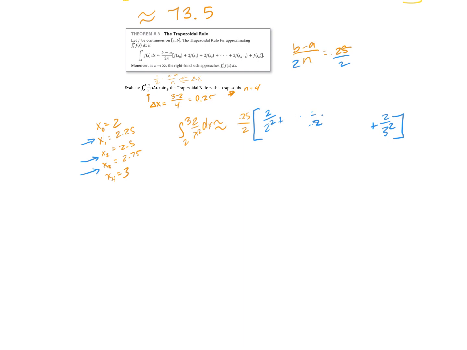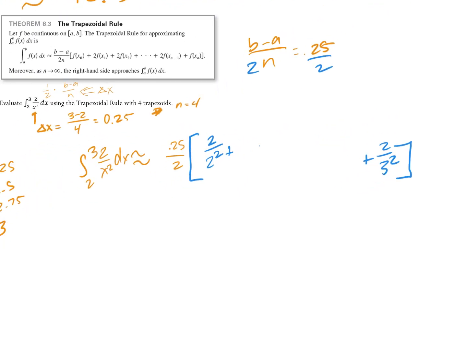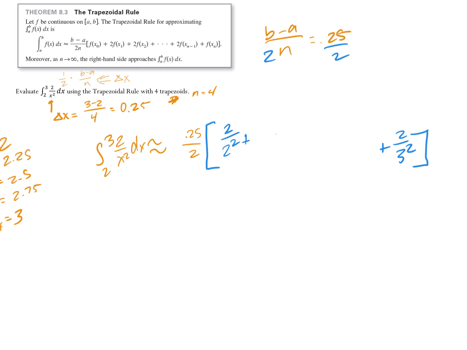I'm not making this easy on myself here at all. So just that is f of x1. But because that would be the side of 2 different trapezoids, I have to multiply that by 2. So all those interior ones get doubled.